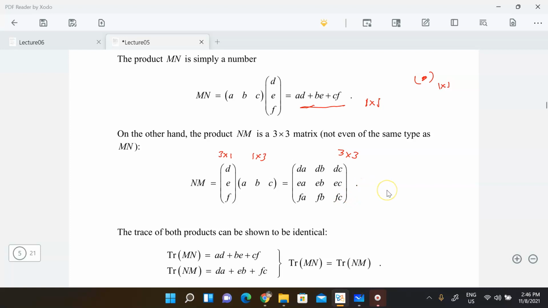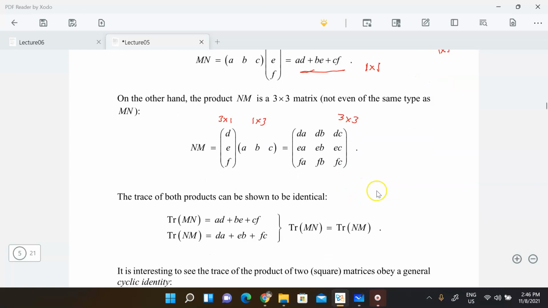But if you take NM, it's a 3 by 3 matrix. And for a 3 by 3 matrix, what are the diagonal elements? They are DA, EB, FC.